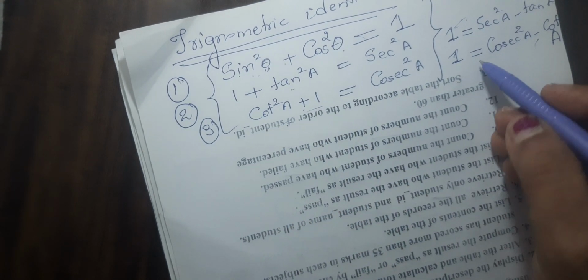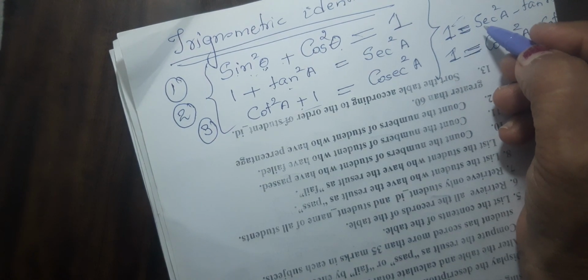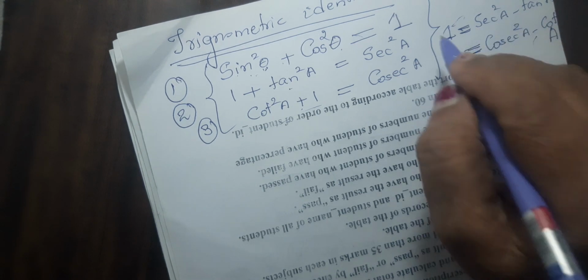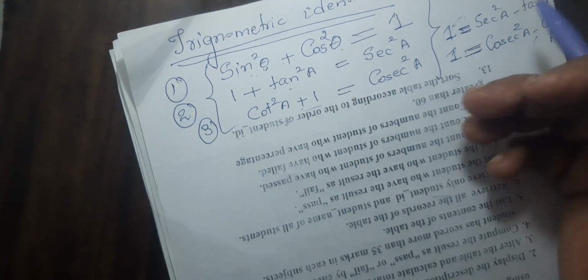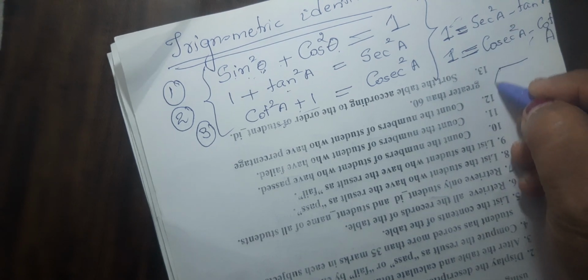So tomorrow or something I may send a video showing you a short method to remember these identities. There is a figure of a hexagon.